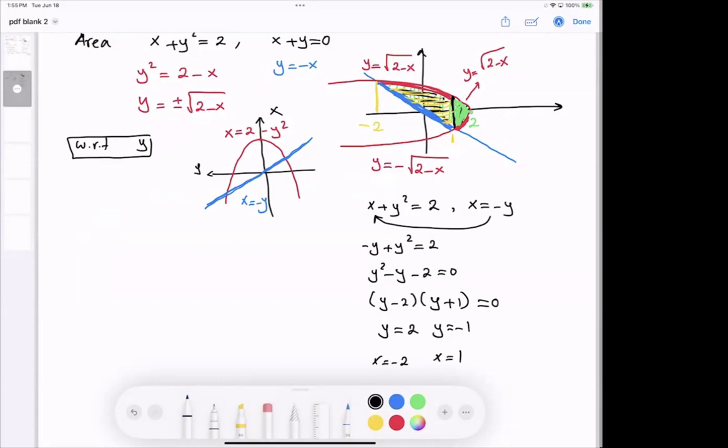So the area is the integral from -1 to 2. The larger x value is 2 minus y squared. The smaller x value is negative y. Then you take the integral with respect to y.